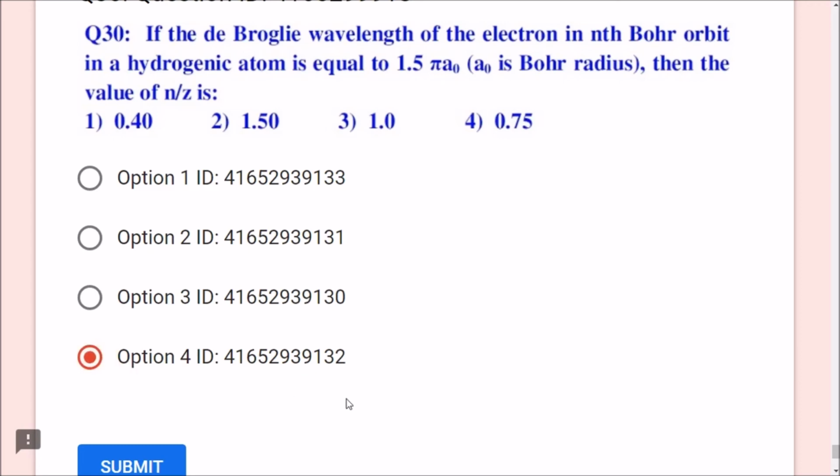Let us see. 2 pi r equal to n lambda, according to de Broglie's hypothesis. 2 pi a0 n square by z equal to n lambda. 2 pi a0 n square by z equal to n into 1.5 pi a0, so n by z equal to 1.5 by 2, that is 3 by 4, which is nothing but 0.75. So option number 4 is the correct option, friends.